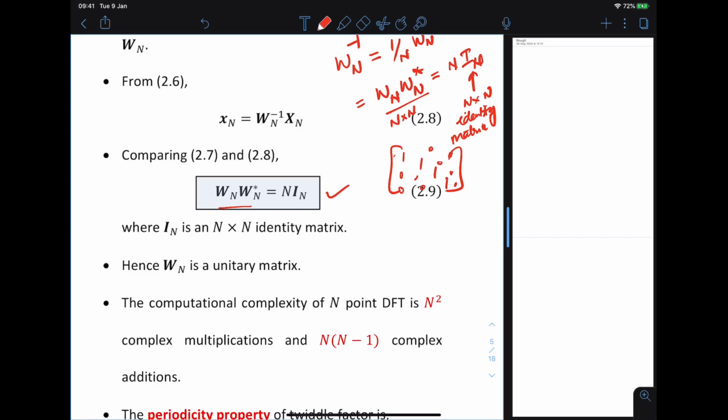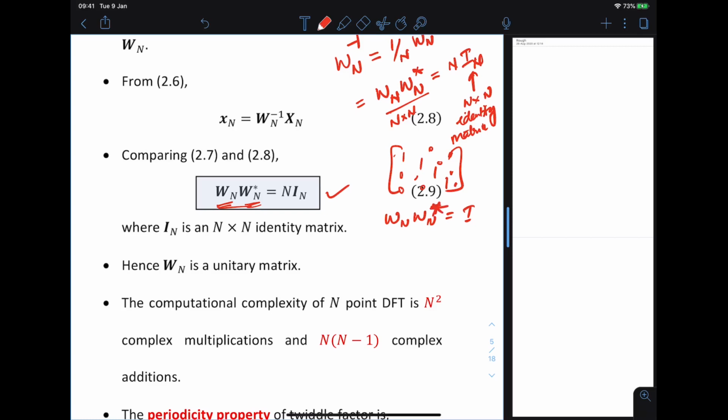But what do you understand by that? In matrix algebra, in linear algebra, you would have learned that a matrix is orthogonal if W_N into W_N transpose is equal to I. That is the property of an orthogonal matrix. Here the elements are complex numbers, and instead of transpose, I took the conjugate transpose.